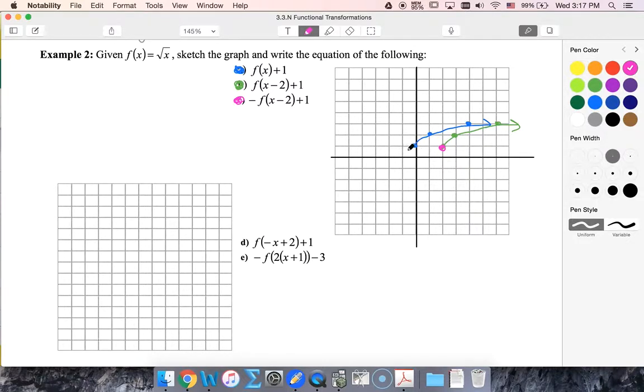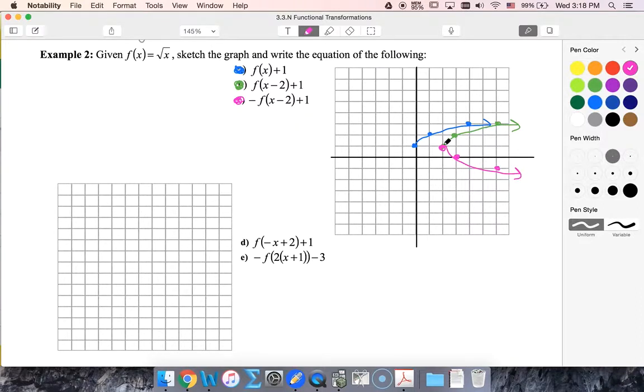I'm going to take my (1, 1), reflect it, move it up 1 and 2 to the right. I'm going to take my (4, 2), reflect it, move it up 1 and 2 to the right.